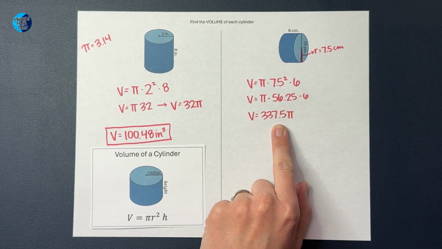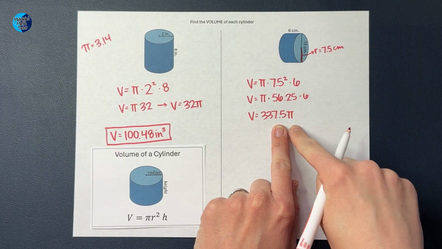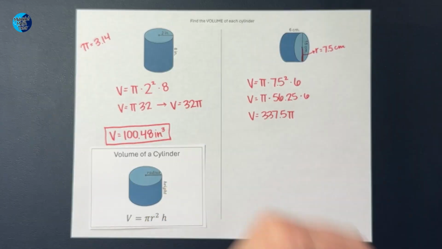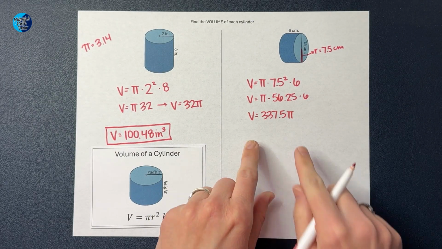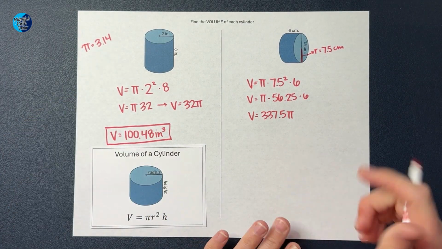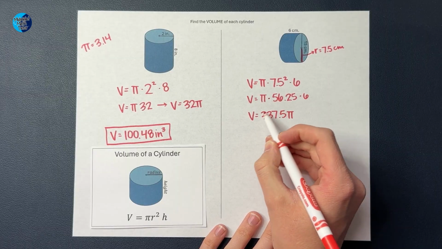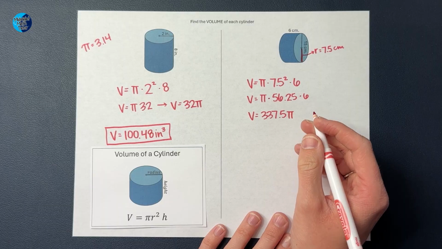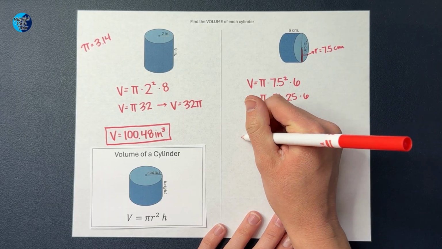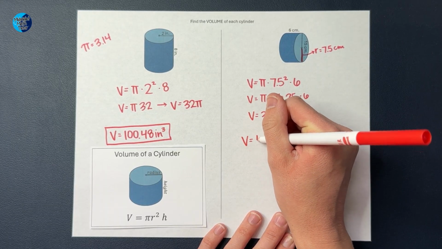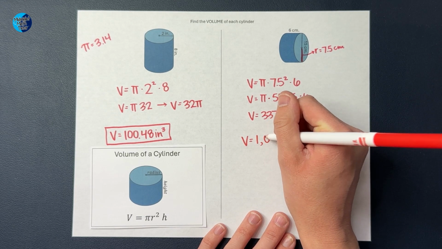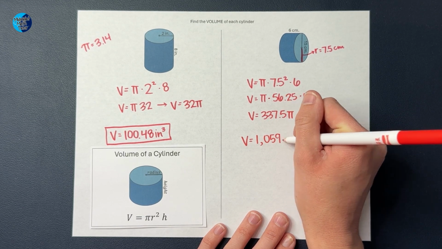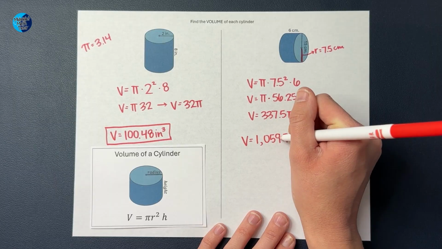Again, handful of teachers or professors will want you to leave it like this. We're going to keep solving it down. We're going to use 3.14 for pi. So when I do 337.5 times 3.14, I get a volume of 1,059.75.